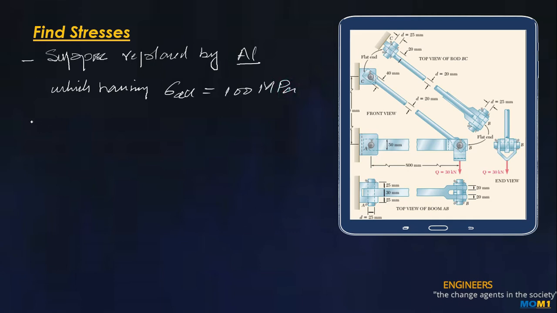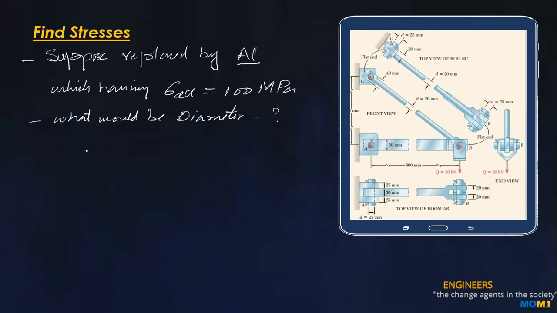Now in this case, what would be the cross-sectional area or the diameter? What would be the diameter of the rod?